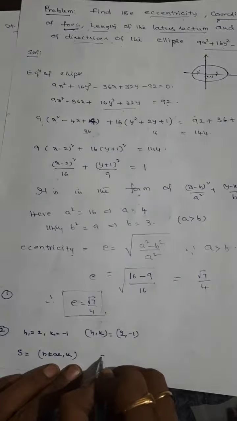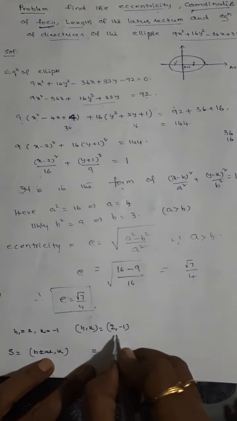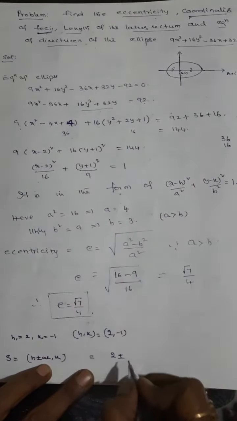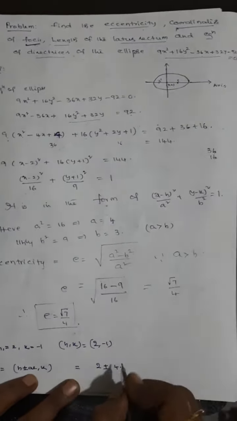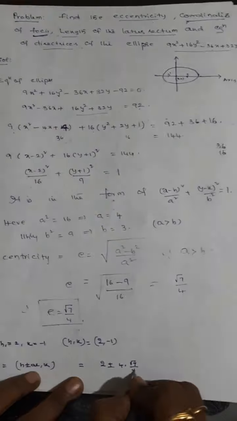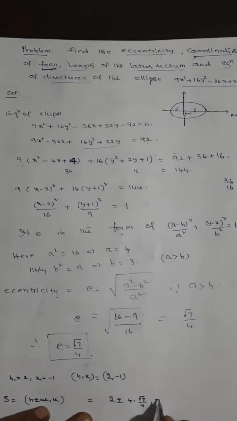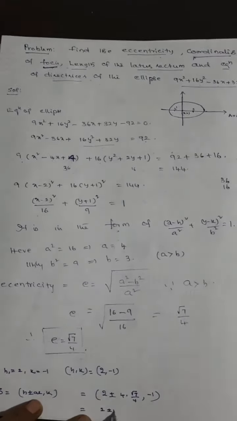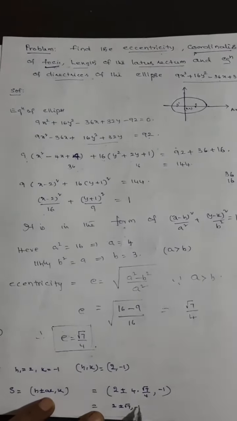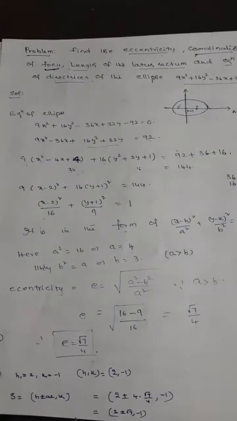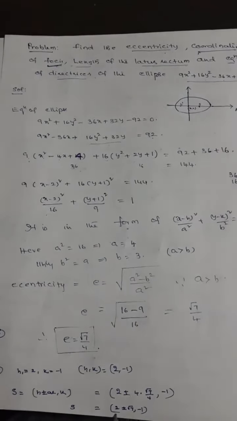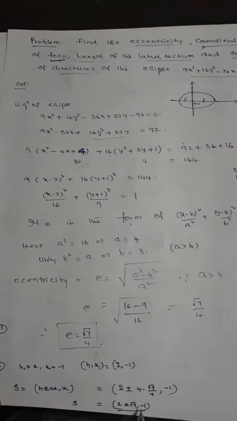Now this can be written as h is 2 plus or minus a is 4, 4 into e is root 7 by 4, comma k is minus 1. This can be written as (2 plus or minus root 7, minus 1). That is the coordinates of the foci.